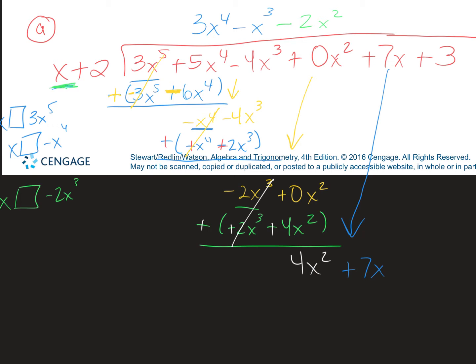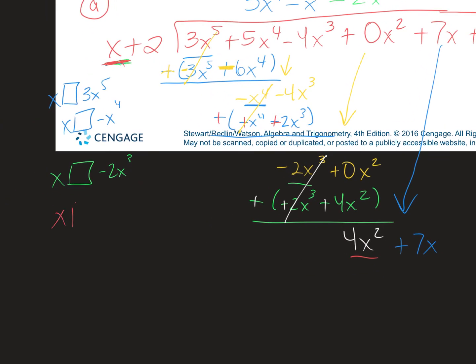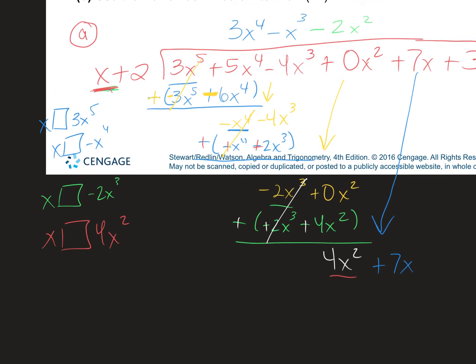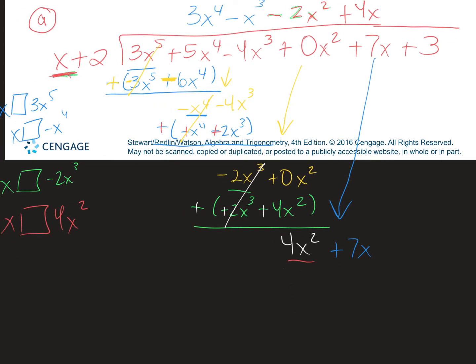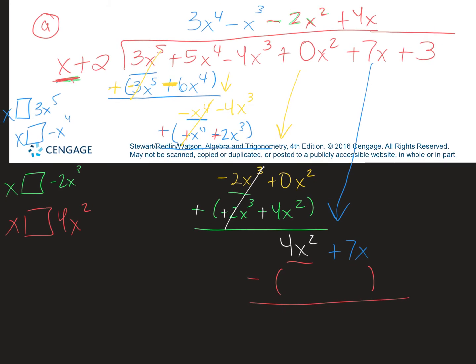So now we're going to say first term again into first term. So x times what is going to give me 4x squared? 4x. So plus 4x. Get your subtraction ready before you multiply. 4x times x is 4x squared. 4x times 2 is plus 8x.